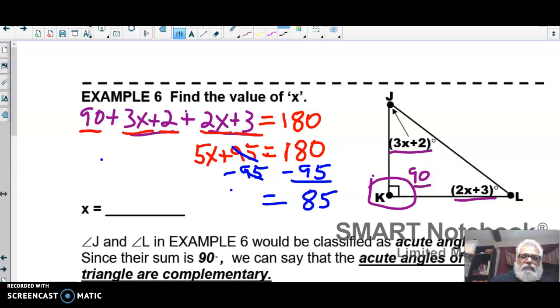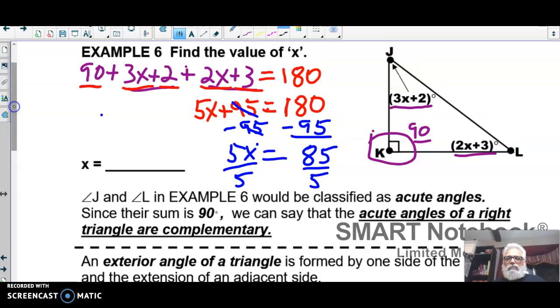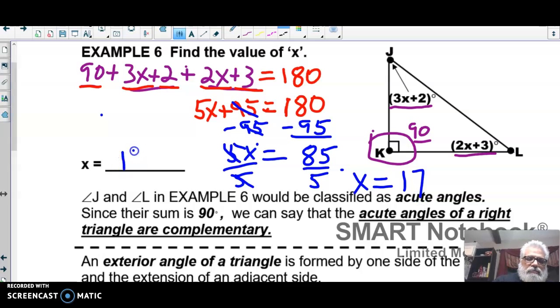And then bring down my 5x. And then my last step is to divide by 5. The 5's are gone, and x is equal to 17. Now they only ask for x. So once I solve for x, I'm done. But remember, if they ask for a certain angle, you've got to go ahead and plug it back in.